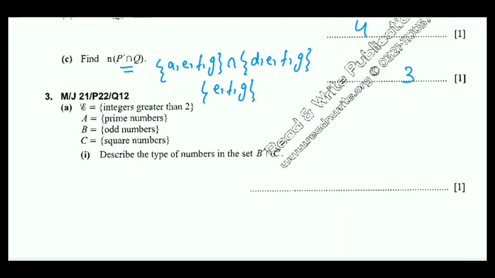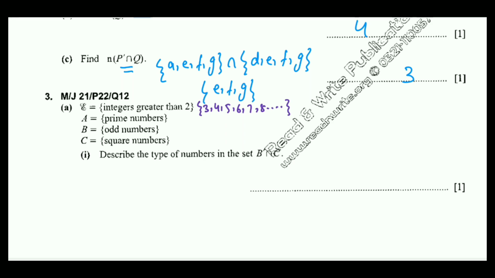So write the set in listing form. Integers greater than 2 are 3, 4, 5, 6, 7, 8 and so on.